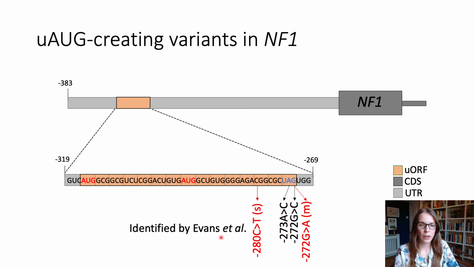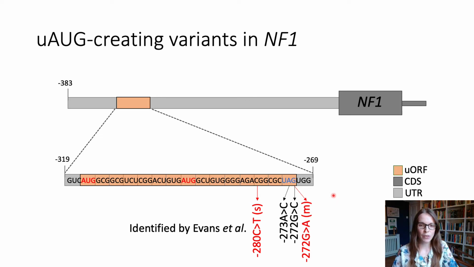In a cohort of patients with neurofibromatosis type 1, they identified 4 variants within the 5'UTR. Two of these, shown here in red, create new upstream start codons, and 2 of them mutate the stop codon of an existing upstream open reading frame. All 4 of these have the same impact: they lead to a uORF that overlaps with the coding sequence out of frame and is highly repressive of translation.